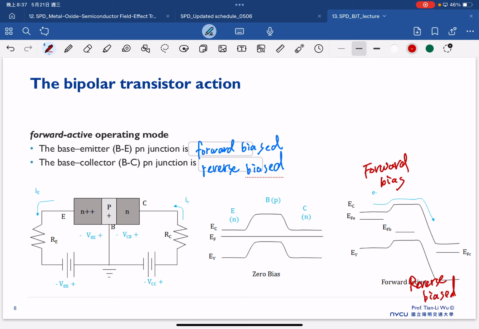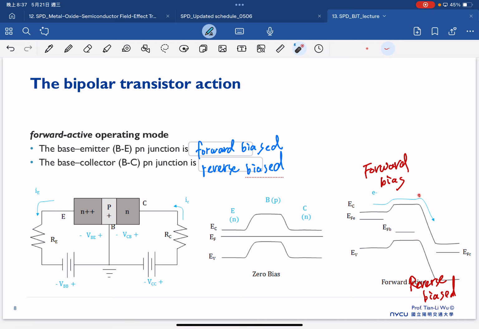And then from this band diagram, you can start to have a little bit of a sense of how the carrier electron can flow from left to right. Because of this barrier reduced, the electron can start to overcome the barrier and reach the base side. And once it reaches the base side, there's a very large slope, a very steep barrier here.